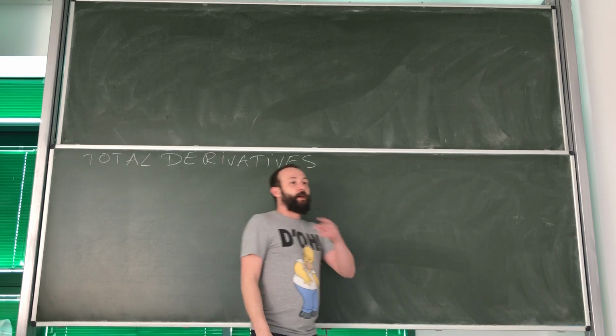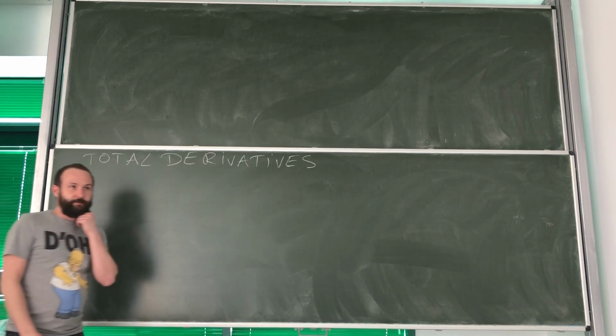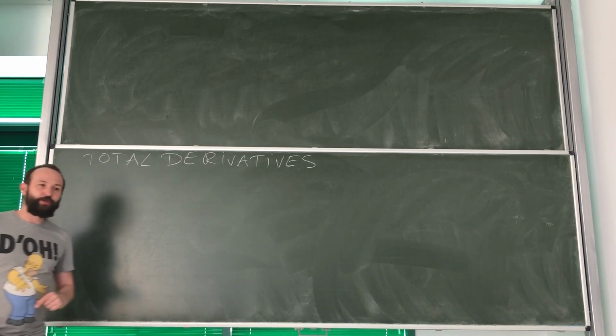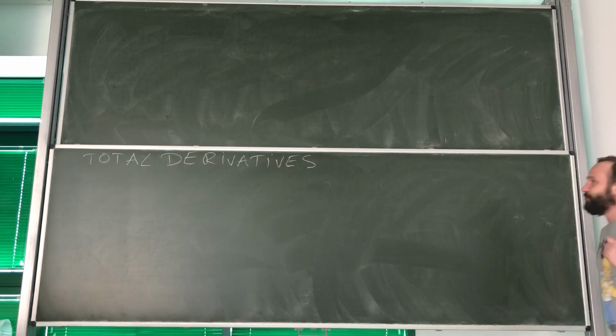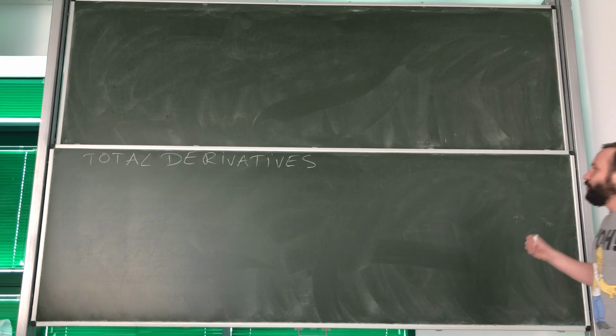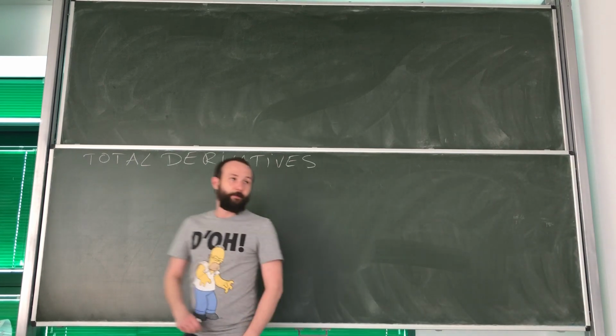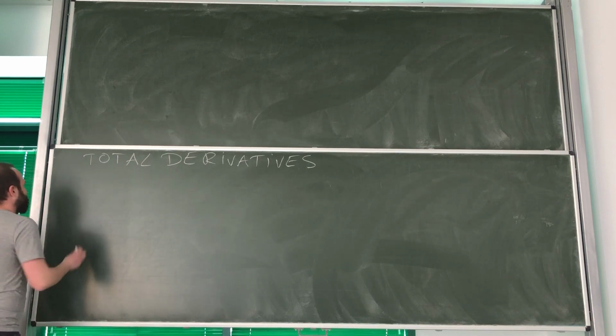Now, the first thing that we need to introduce before we can solve those new versions of the models are total derivatives. So, what is the total derivative? Look, imagine a case like that.